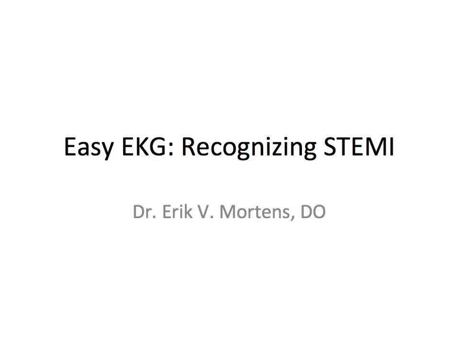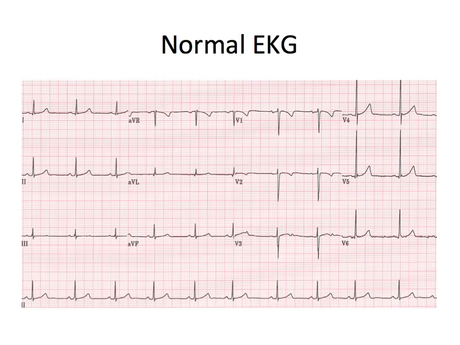If I can advance the slide. There we go. So first thing, in order to diagnose an ST elevation MI, you need to be able to recognize a normal EKG. I have other videos that talk about the 12-lead EKGs and the 6-lead EKGs, and those are probably pretty important to know before you watch this one.